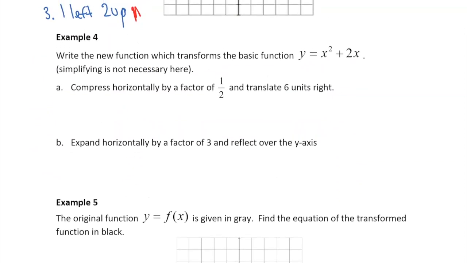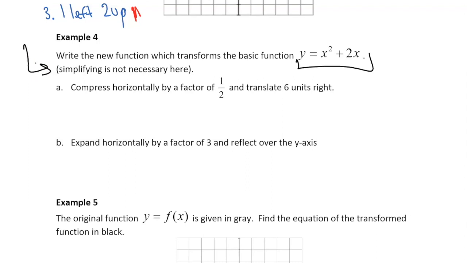Now we could take a look in example 4 of having some translations in which now we need to express this algebraically, and we're going to do that with the function y equals x squared plus 2x. Okay, now note it says simplifying is not necessary here, and you'll see why that happens when we change everything in this example.